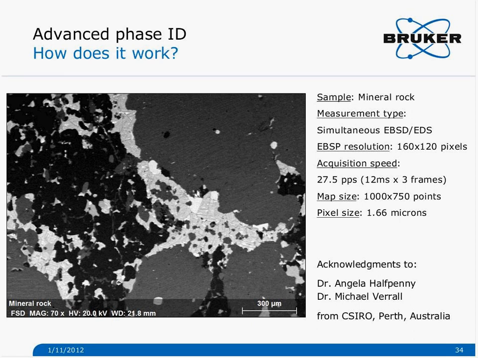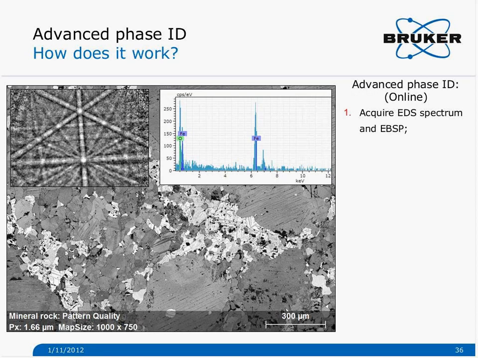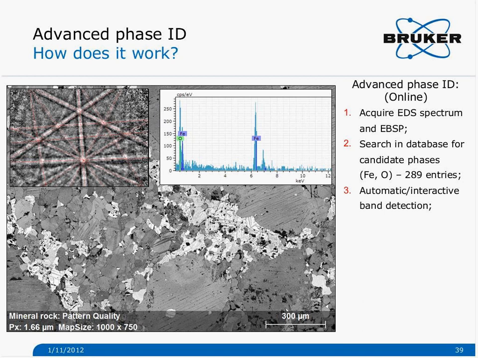As you can see, it's doing an amazing job even on minerals. Both phases here have low and high symmetry, so it's compatible with the quality of data and speed.